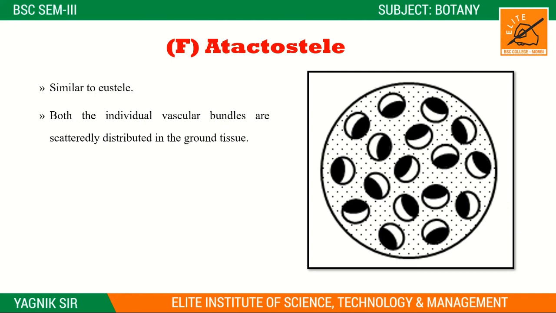Similar to the eustele, right? Here the dark region is the xylem and this white region is the phloem, and these are arranged in a scattered form, right? And this is embedded in ground tissue, right? Like that in the monocot stem, because here the endodermis and pericycle are absent, right?